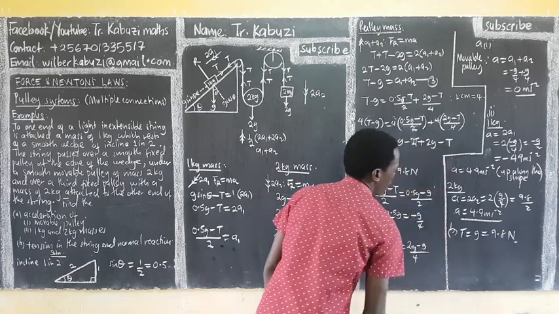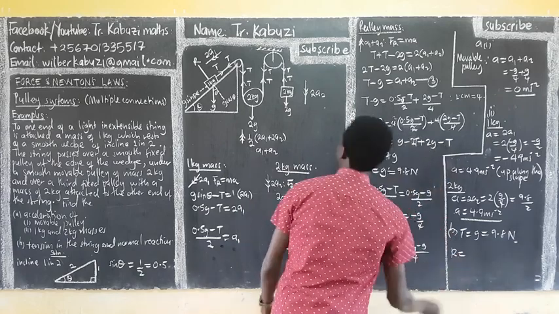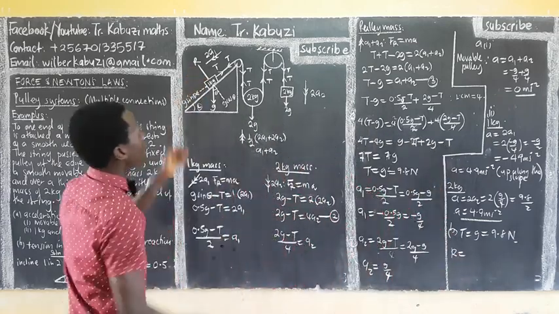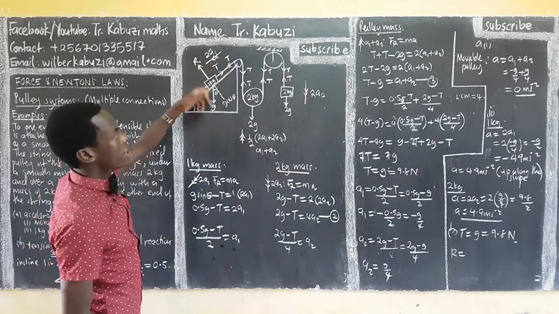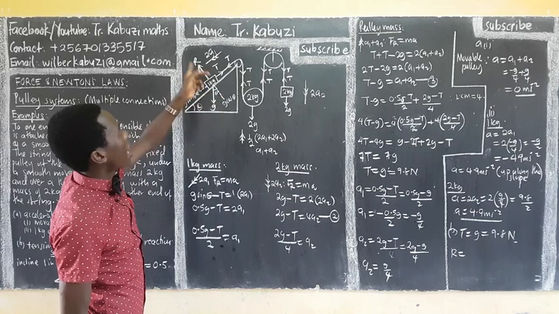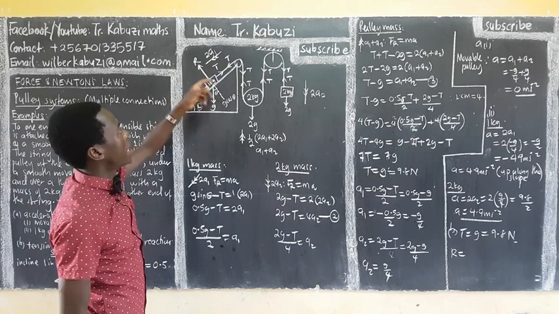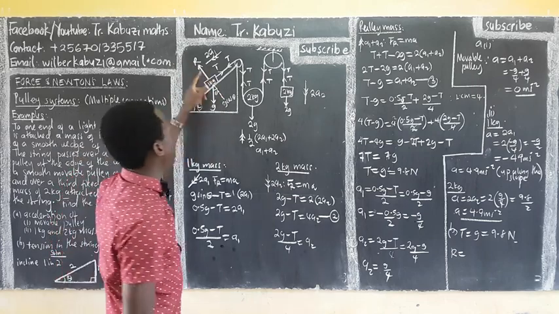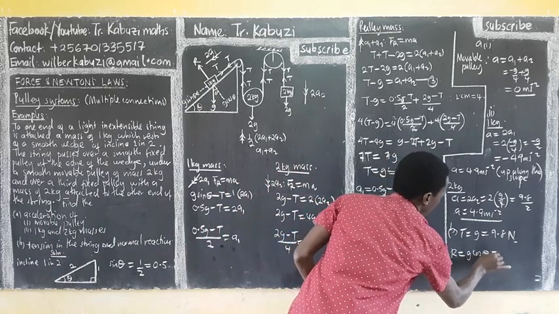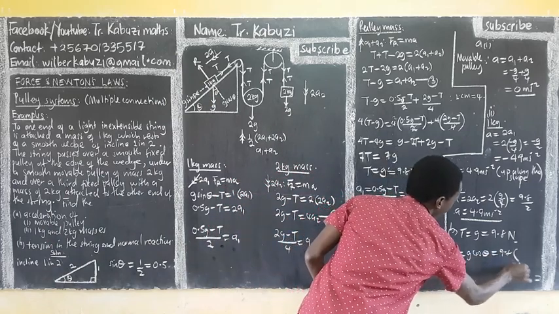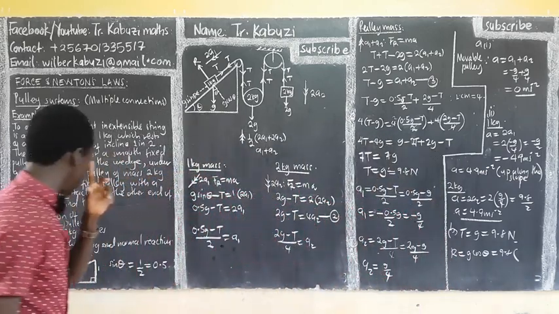That is done. Then the reaction, remember, we don't have any acceleration this side, so meaning acceleration is 0. So meaning perpendicular to the plane, these two forces are in equilibrium, meaning R is equal to b cos theta. 9.8, then our cos theta is what?